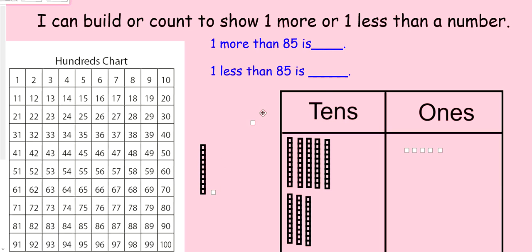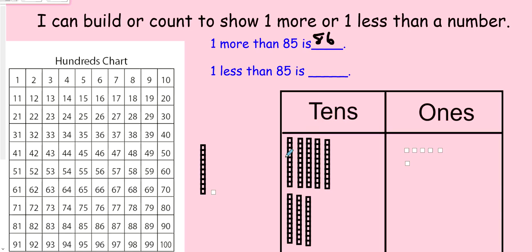I put a 1 to show one more. One more than 85 is 8 tens, 6 ones. 8 tens, 6 ones is 86. One more than 85 is 86.